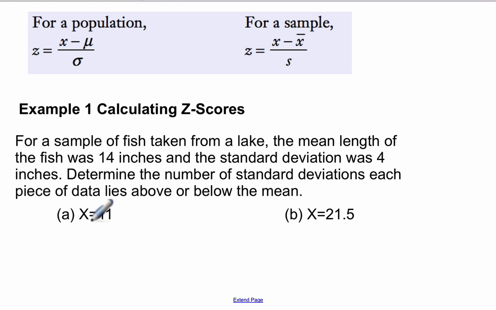So we've got a data value of 11. Our z-score, remember, is going to be the value of that piece of data minus the mean of the sample, and I'll write this as x bar over s because we're talking about a sample here.